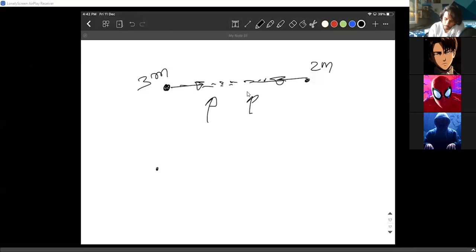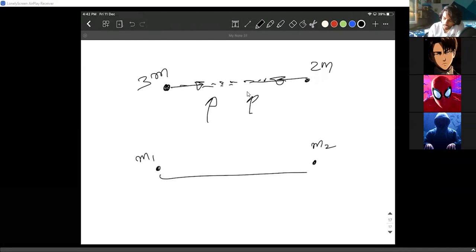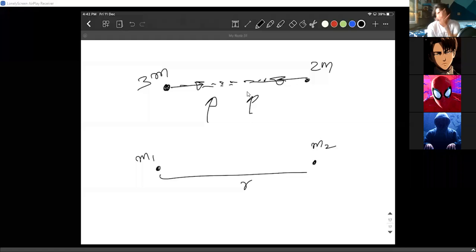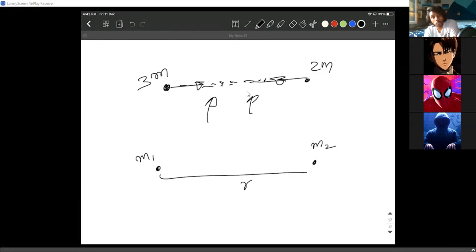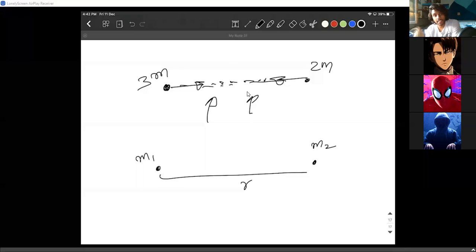Let me take two masses, M1, M2, at a distance R. I want to define the potential energy of this system. So what I need to do is find the work done in bringing the system here, forming the system.